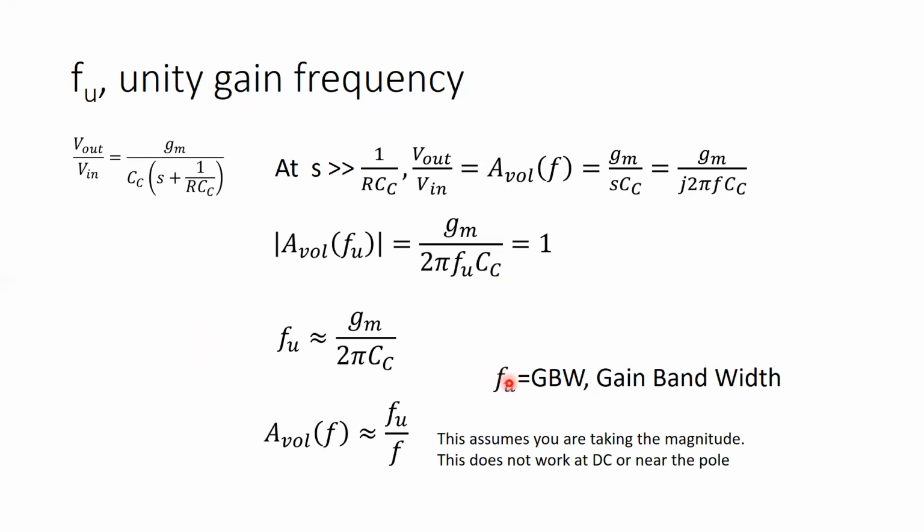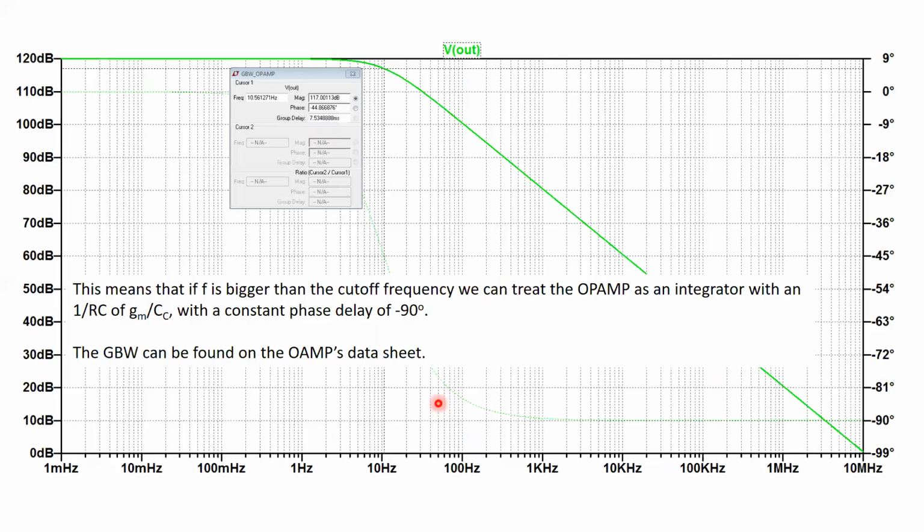The big thing is this cutoff frequency is the gain bandwidth, all right? And actually, we're not worried about phase at this time. All right, so if we look at our op-amp, we have a really high gain. It's constant, okay?